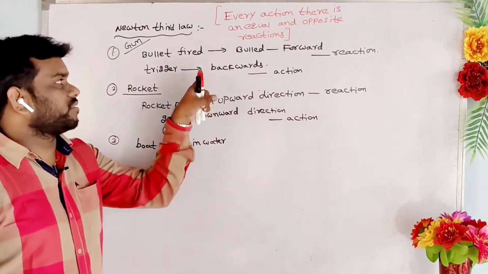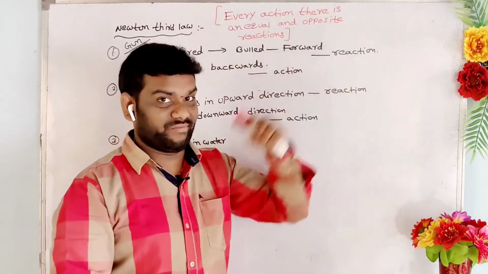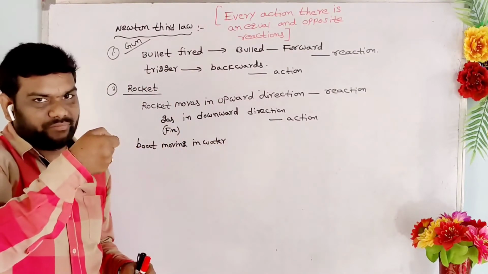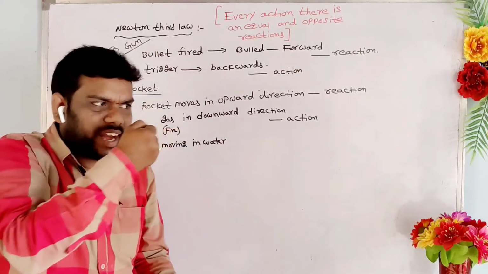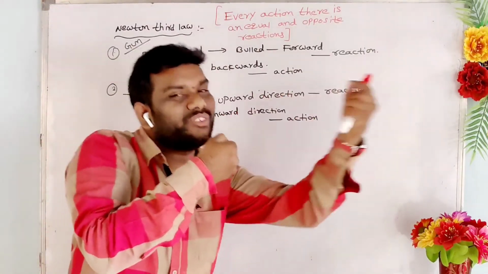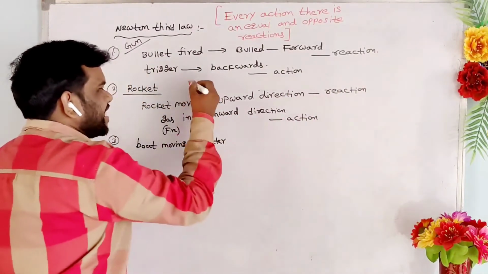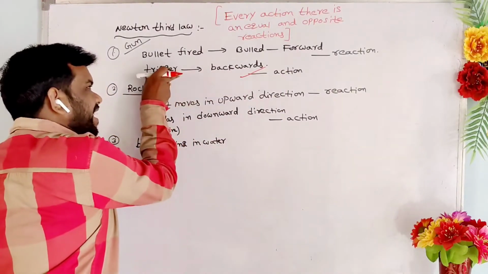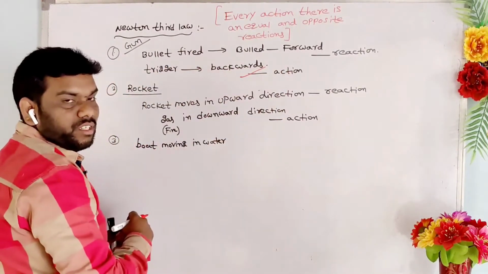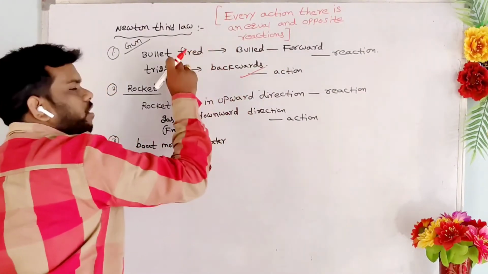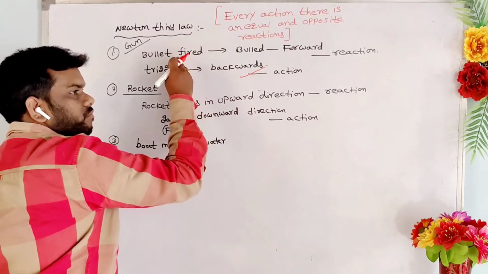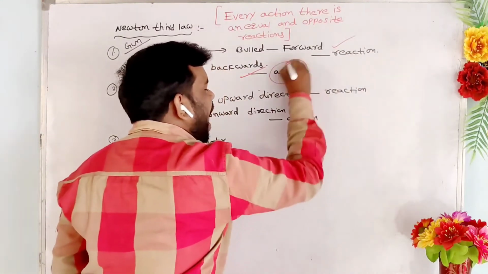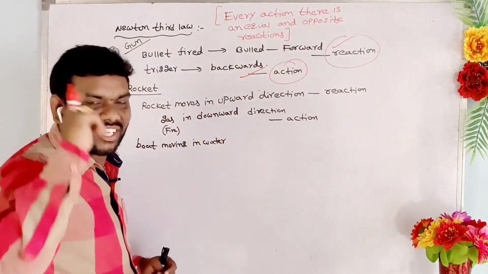When the trigger is pressed, the bullet goes forward. This is the trigger pressing action. So when the gun is fired, the bullet is moving in the forward direction. This is called action, and this is called reaction.